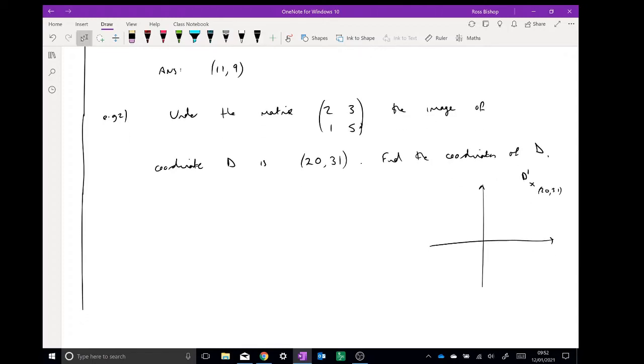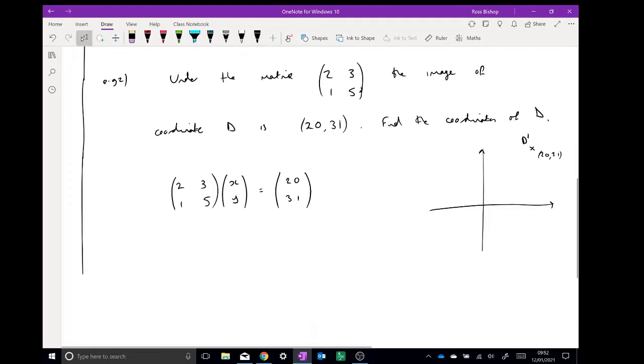Right, so I set this up as normal. I start off with my matrix. I don't know the coordinates of D, so I'm going to put them as x, y. But I do know my image point, which is (20, 31). I multiply out the matrices on the left and equate it to the right. The top is 2 times x, 2x, plus 3 times y.